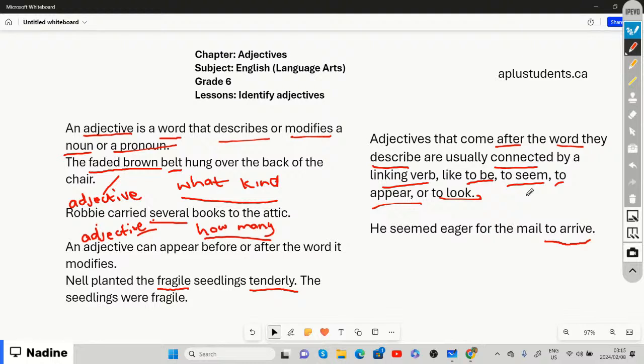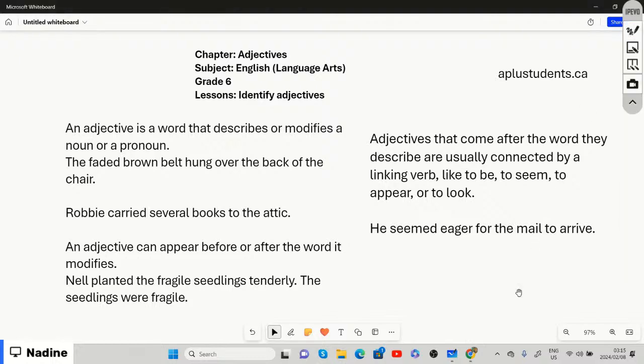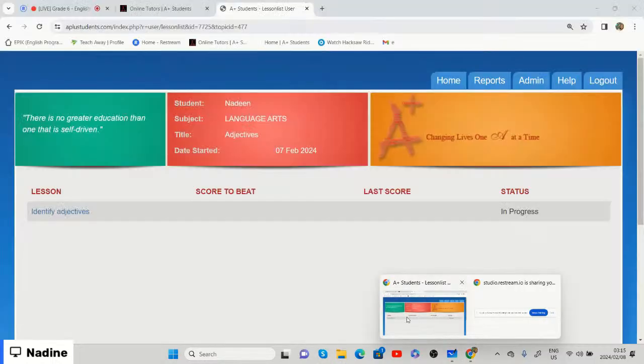And once again, our chapter is adjectives. So now we're going to identify adjectives by going to our tutorial lesson.